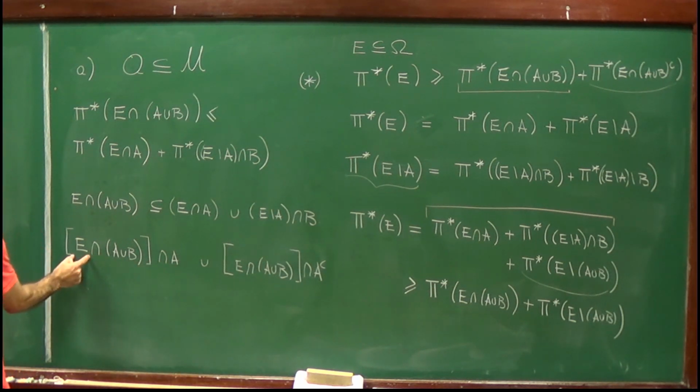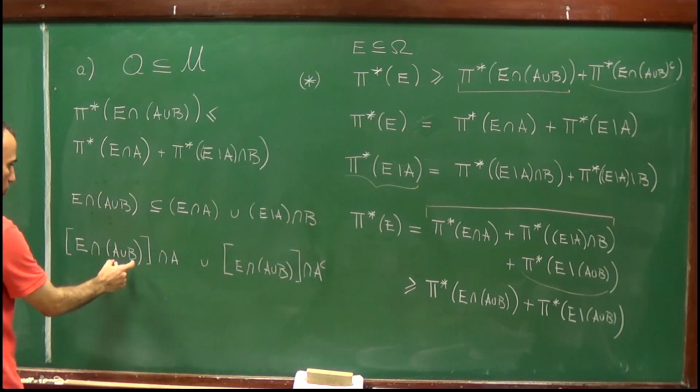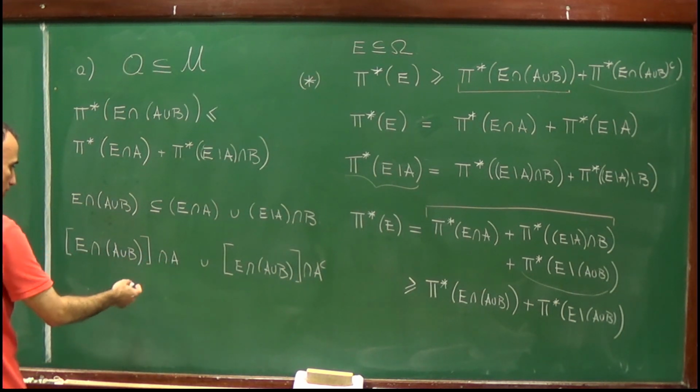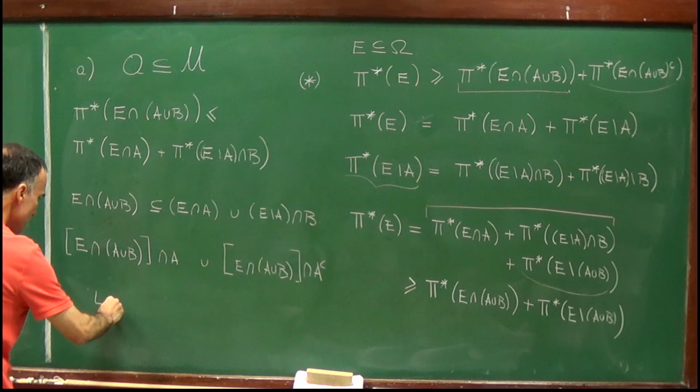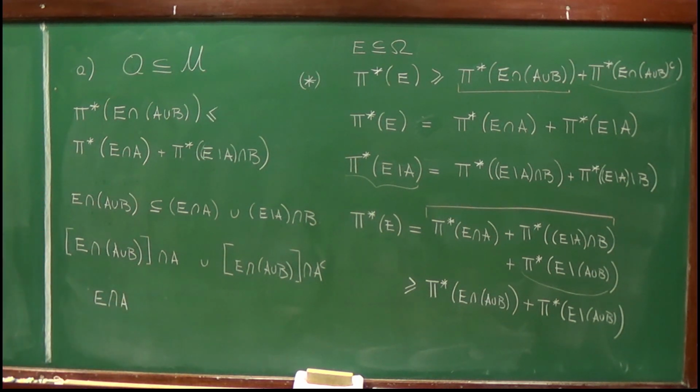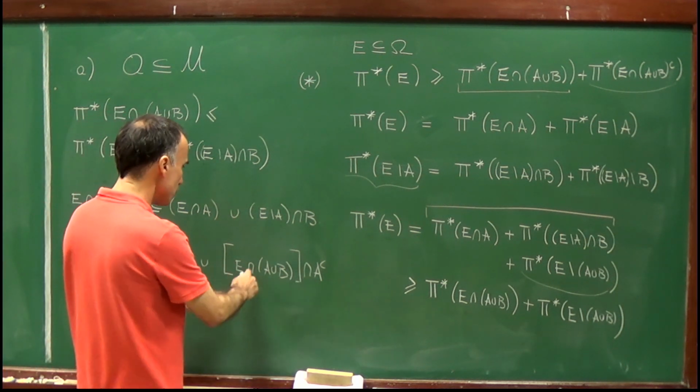So we have here the intersection of E and A, while in this one, A union B intersected with A gives you A, so this expression is just E intersection A. Now, let's go to this other one.